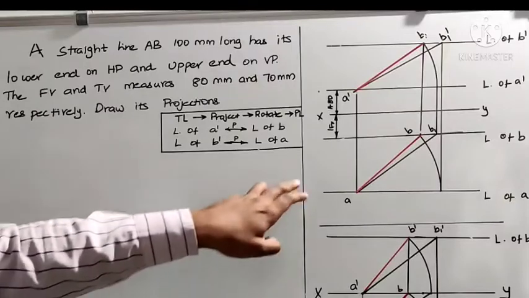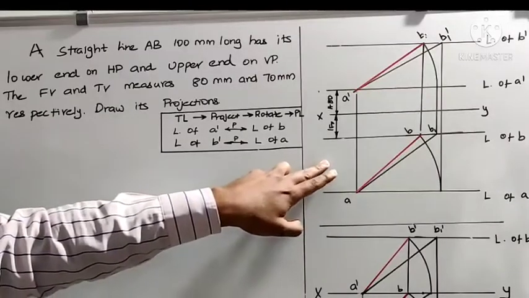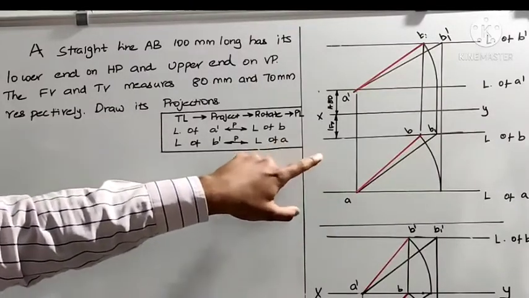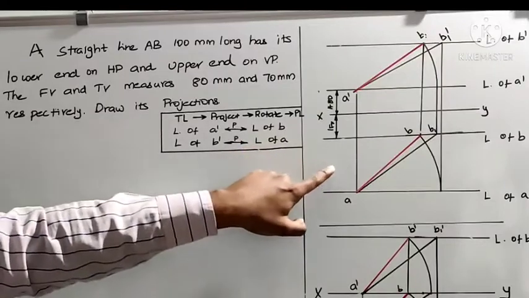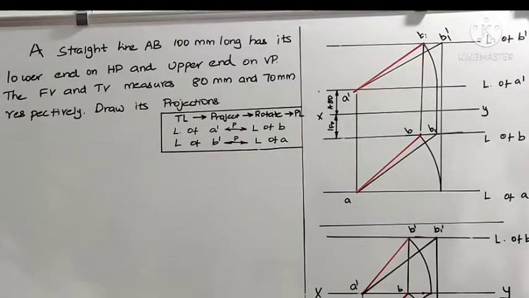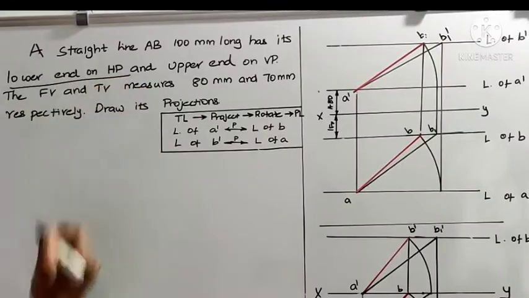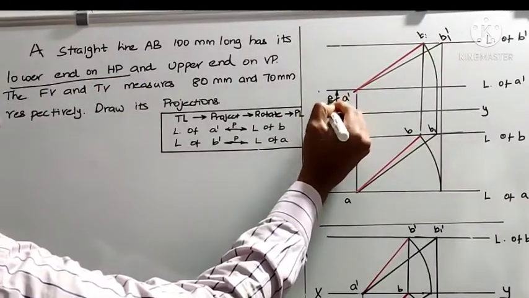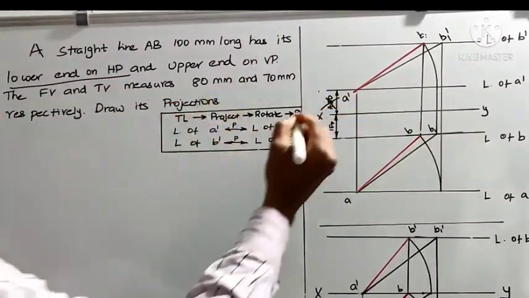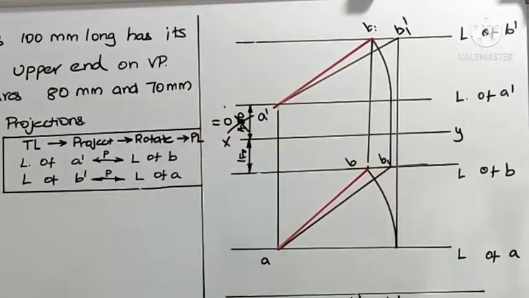Okay, so typically, this is how a projection of a straight line by the rotating line method will look. We have already discussed this. It's a similar problem, but the only difference is that here the lower end is on HP, so the distance above HP should be equal to 0.